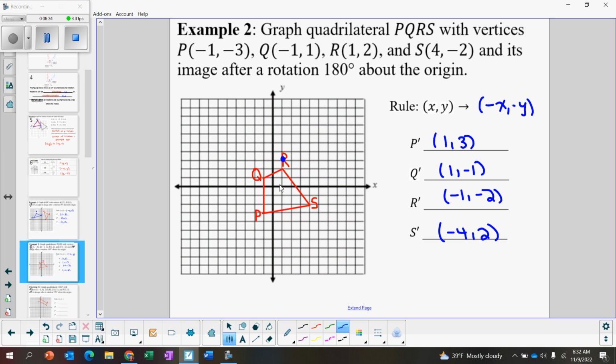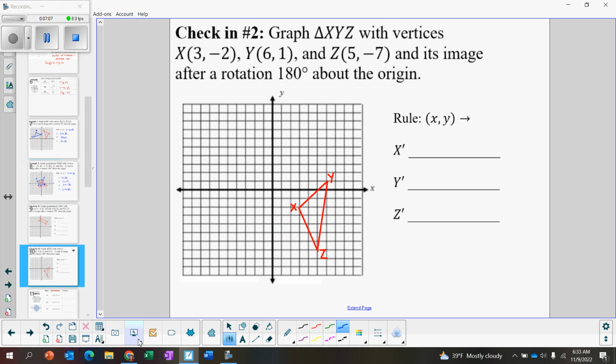So this is going to go a little bit over our old picture, and that's okay. Q prime and P prime. All right, and that would be our image after a 180-degree rotation about the origin.